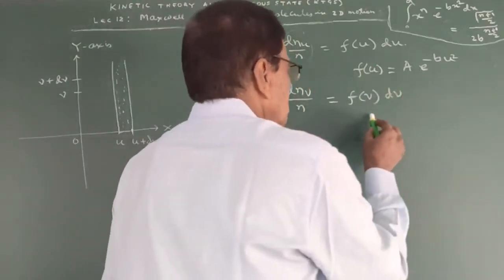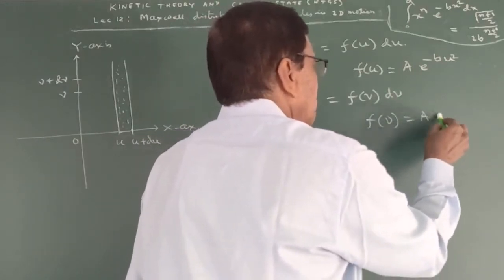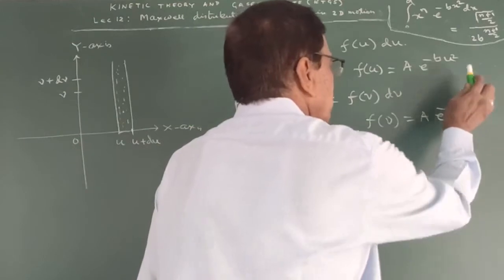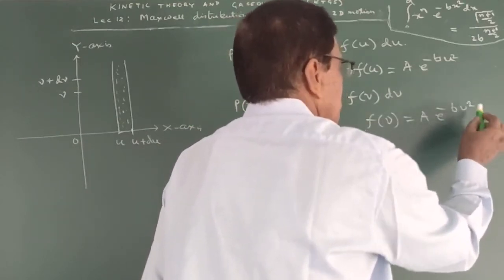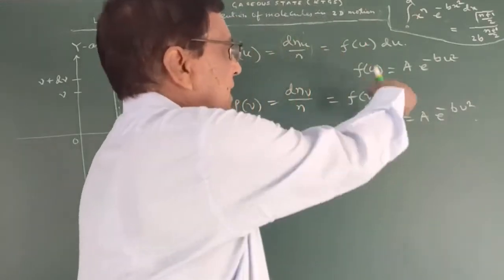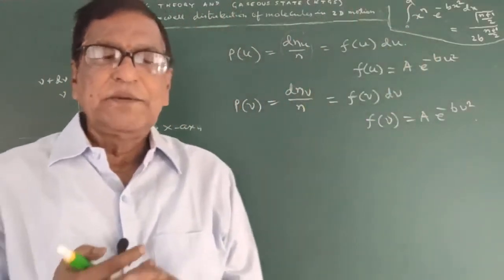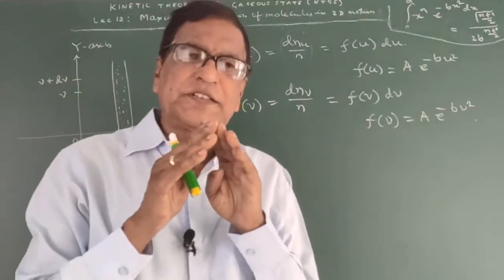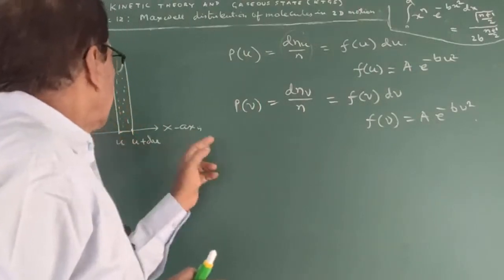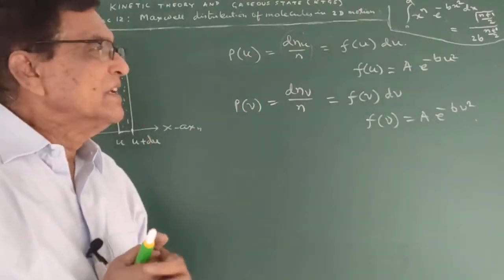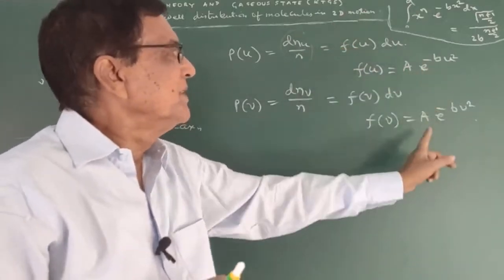So here also f(v) equals A into e to the power minus b v squared. A and b are constants, and in both cases they will be the same, as the molecules have the same probability along the x-axis and along the y-axis, so the mathematical format of this function will be the same.